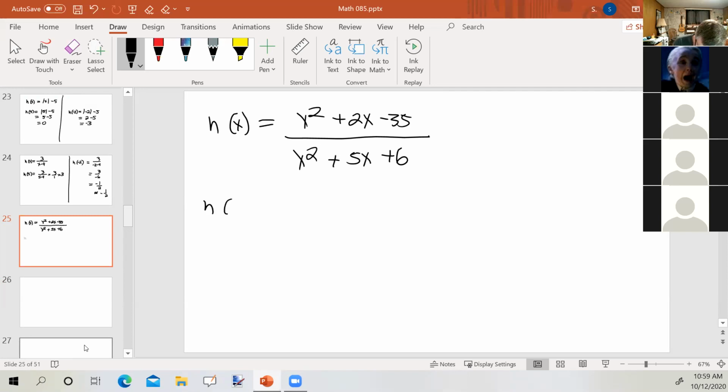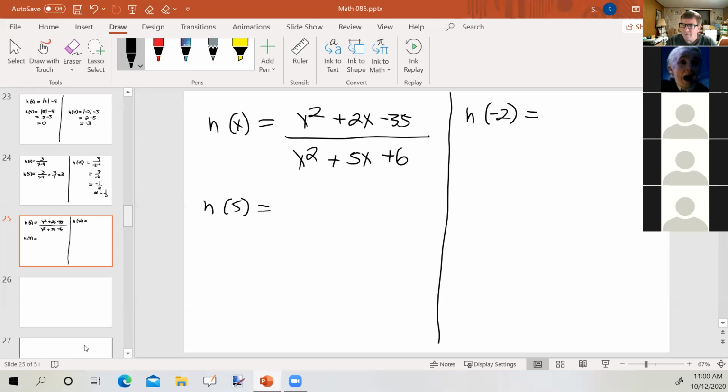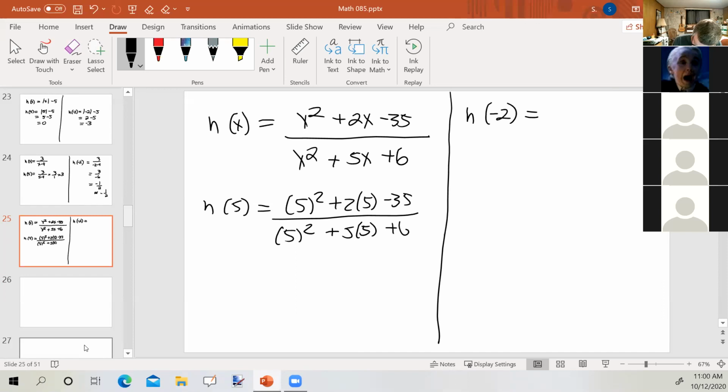We're going to find h of 5 and then h of -2. So every place that x appears, we have to put a 5. In the numerator, we get 5 squared plus 2 times 5 minus 35 over 5 squared plus 5 times 5 plus 6.